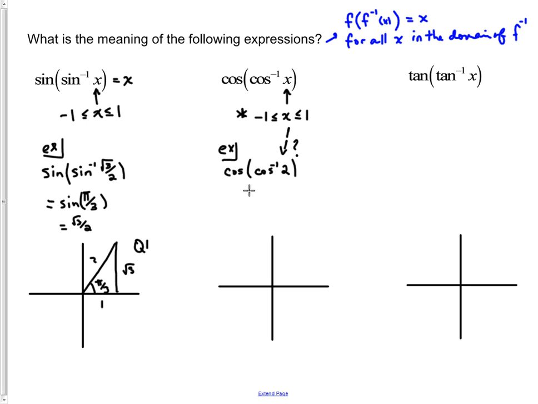So in this case, we would have to say, well, that's just simply not defined, right? This is a value that is outside of this domain, so that doesn't work. Our y values for cosine are limited from 0 to pi, right? That's the output. But the x values that we put into that inverse cosine must be between -1 and +1.